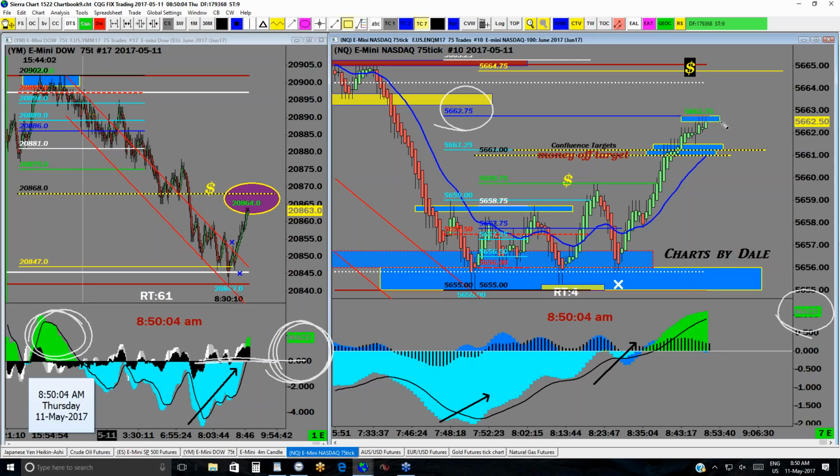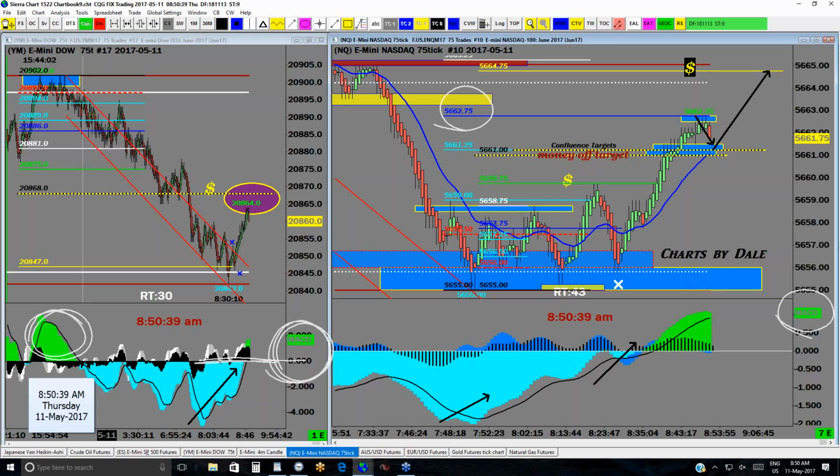So resistance there, and we look for a pullback into the 5661 area, and ideally we'd like to see this and then the direction to the next target, something like that. And on the left, we're just looking for $10 more on the left.